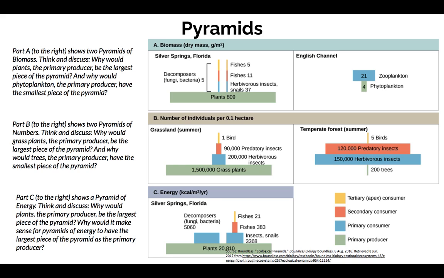Anytime a pyramid of energy does not have the primary producer as the largest piece, you know that that is an unstable ecosystem, because if it's not providing enough energy for the first level consumer, there will not be enough energy for that pyramid all the way up to the apex consumer.